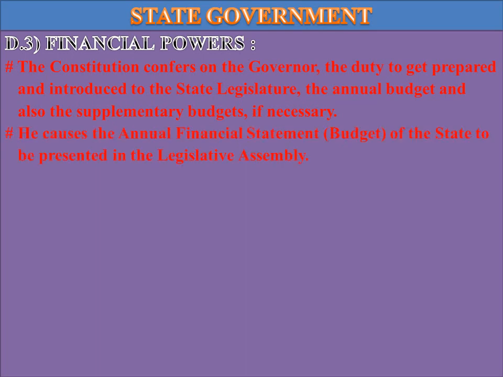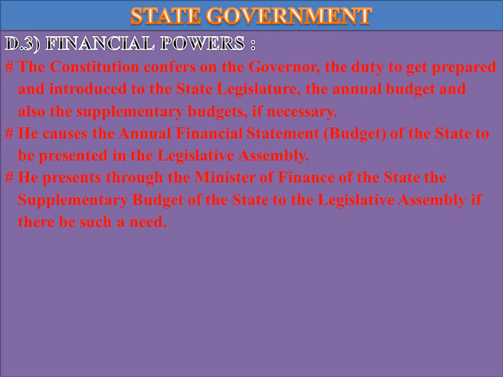He causes the annual financial statement, meaning the budget, of the state to be presented in the legislative assembly. He presents, through the Minister of Finance of the state, the supplementary budget of the state to the legislative assembly if there is such a need.